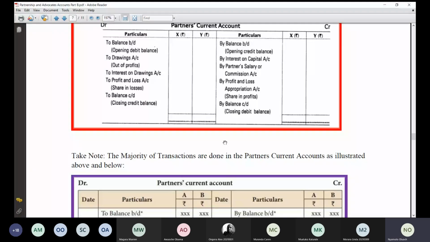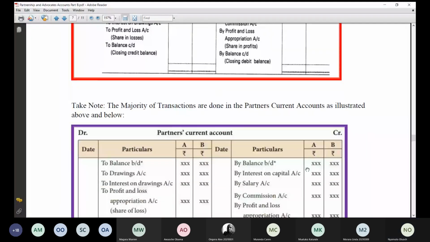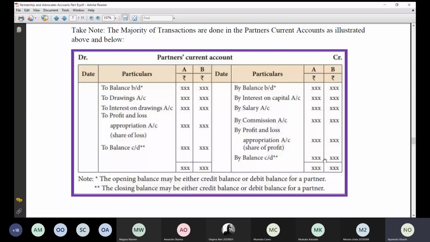Allow me to note that at this particular point, a partner's current account can have a credit balance carried down, which means that at the end of the next period, it would be a debit brought down, which is more of a loss, and it means that the partner drew more than came in.